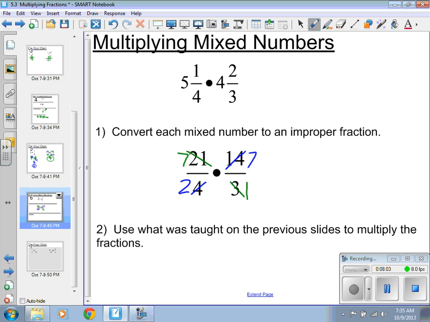We multiply 7 times 7 and 2 times 1, and we get 49 over 2.